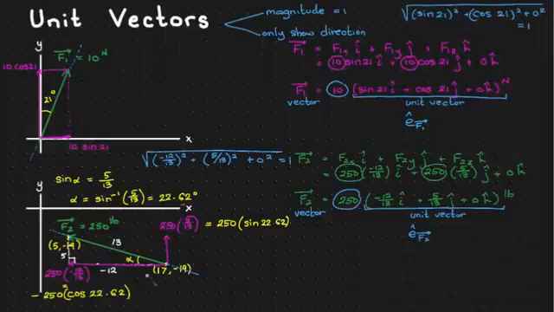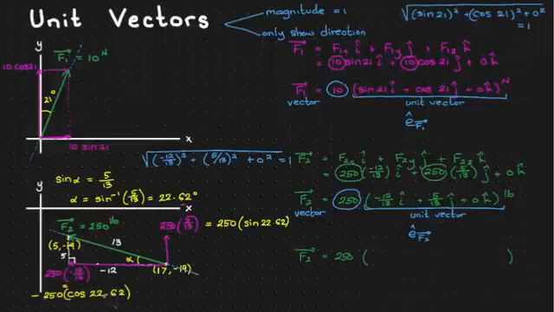And so I'd like to now express F2 again in Cartesian vector form. F2 is a vector. A vector has magnitude, which is 250, and it has direction. The direction of F2, I'd like to express it in terms of the angle 22.62 degrees.